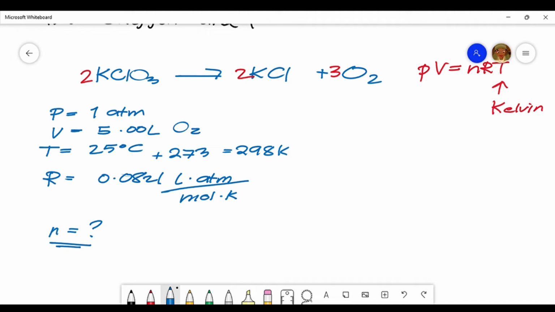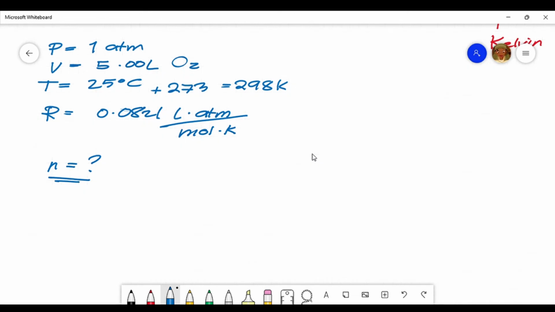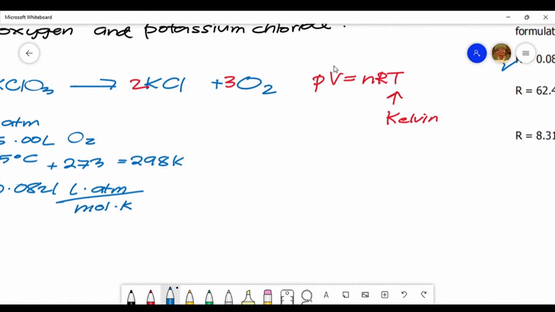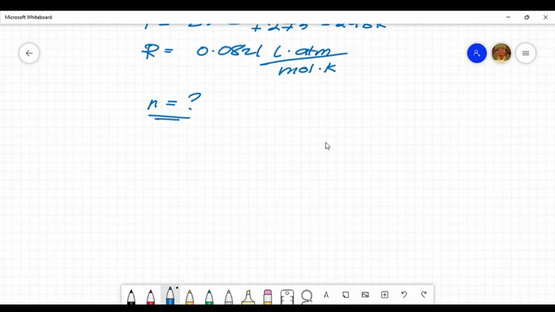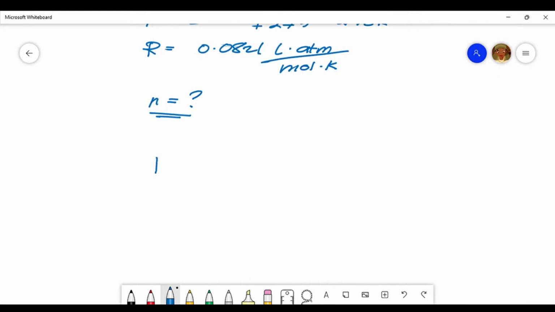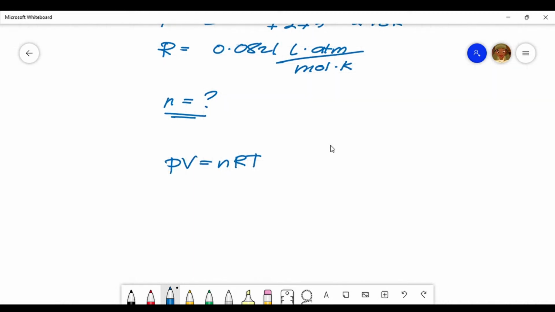So step 3 would be to solve for the moles of O2 using the ideal gas equation, PV equals nRT, and we plug in what we have. So we have n equals PV over RT.